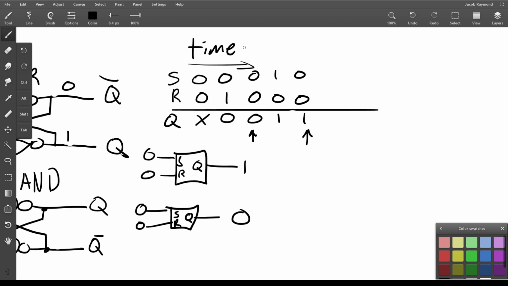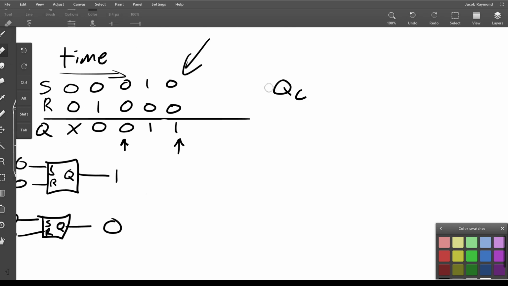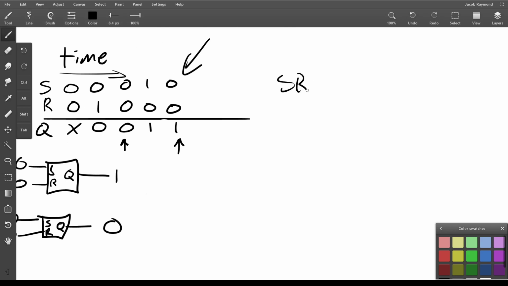But yeah, the only sorts of questions that we might ask about SR latches specifically is a question like this, where you're asked to work through a sequence of inputs. Another thing that you might see is, given the current state, if I have Q current, it's sort of like filling out the table, but if I have SR and Q current and then Q next, you might be asked to fill out this table.